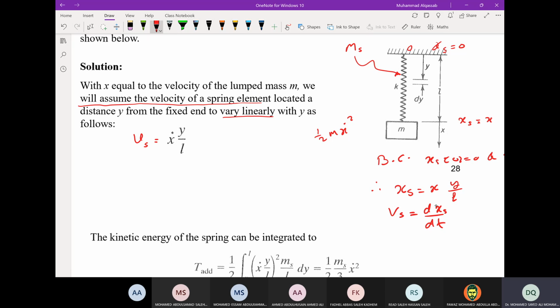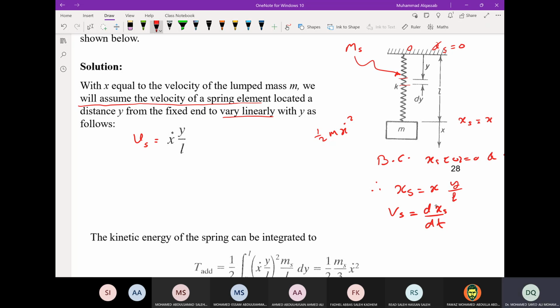What is the mass we will take? We take the mass of the element at y. Like we take a small portion of the spring of a length equal to dy, and dy is very small, it goes to 0. So this becomes a point mass.